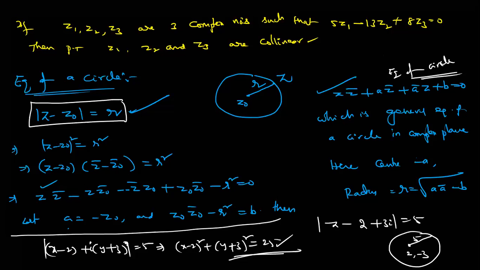Here we are reducing into this format, then this is the equation of circle representation. Reducing into simplest form. Here A means a complex number. A and B are also complex numbers, but reducing to simplest form. So if the form is like this only, then this is called the equation of a circle in the complex plane.